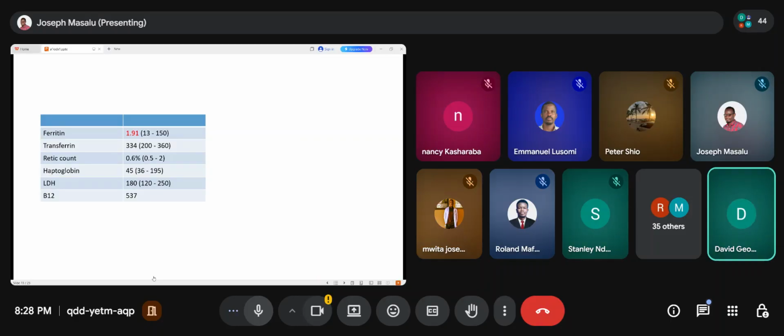So one, and I'm not sure if I'll articulate this well, you have pure red cell aplasia. That is one of those conditions. But then another one is iron deficiency. That is one of the differentials that I'm considering high on my list.